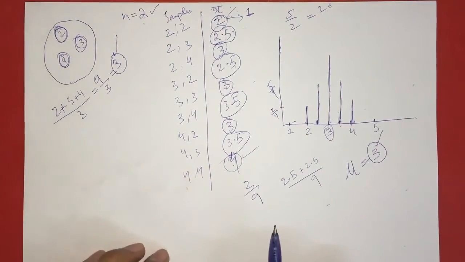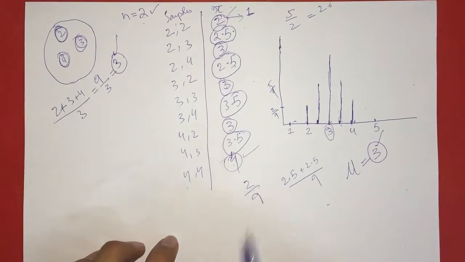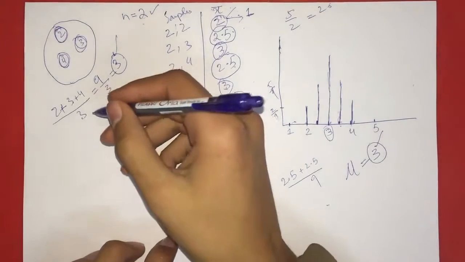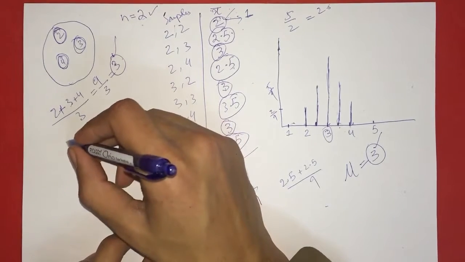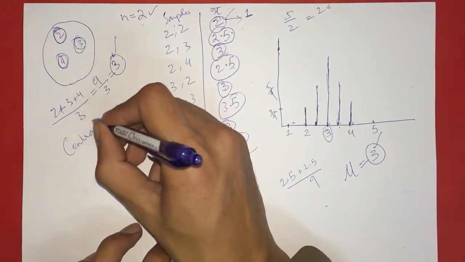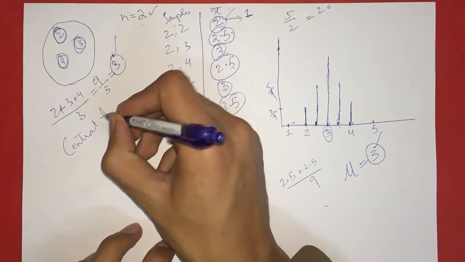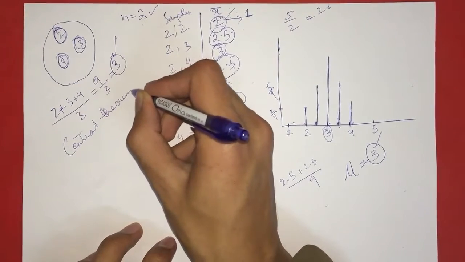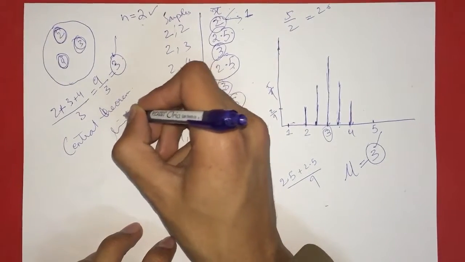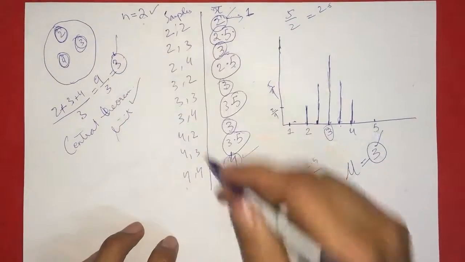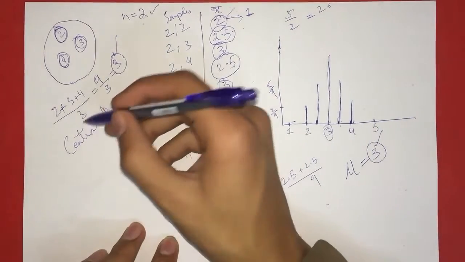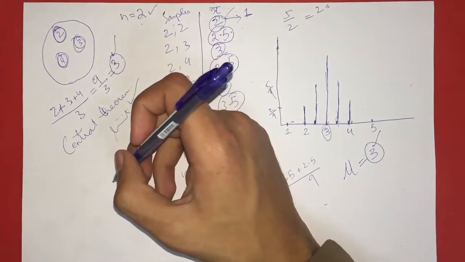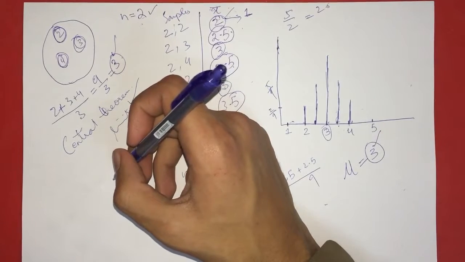You also have the central limit theorem for your sampling distribution. You can also find your sampling distribution for many other statistical terms.